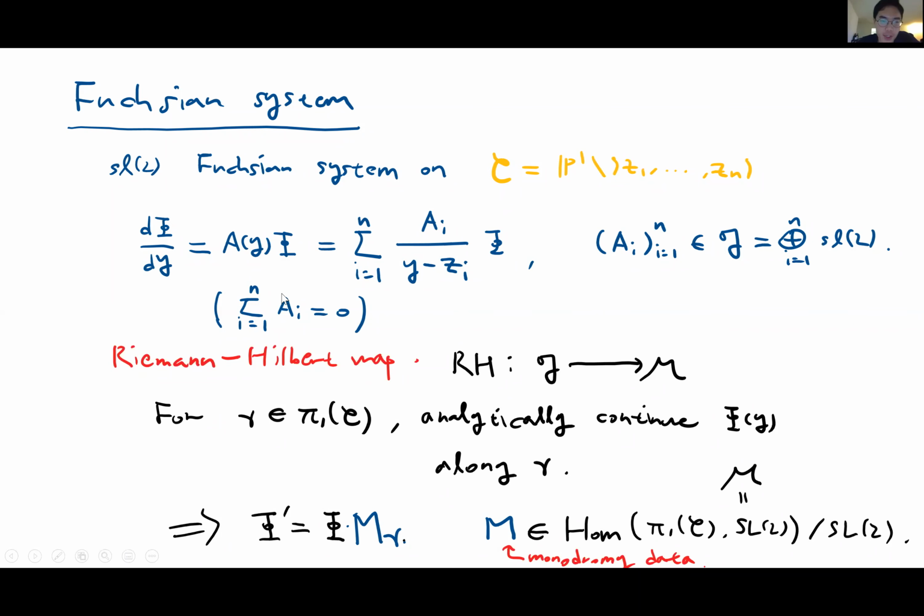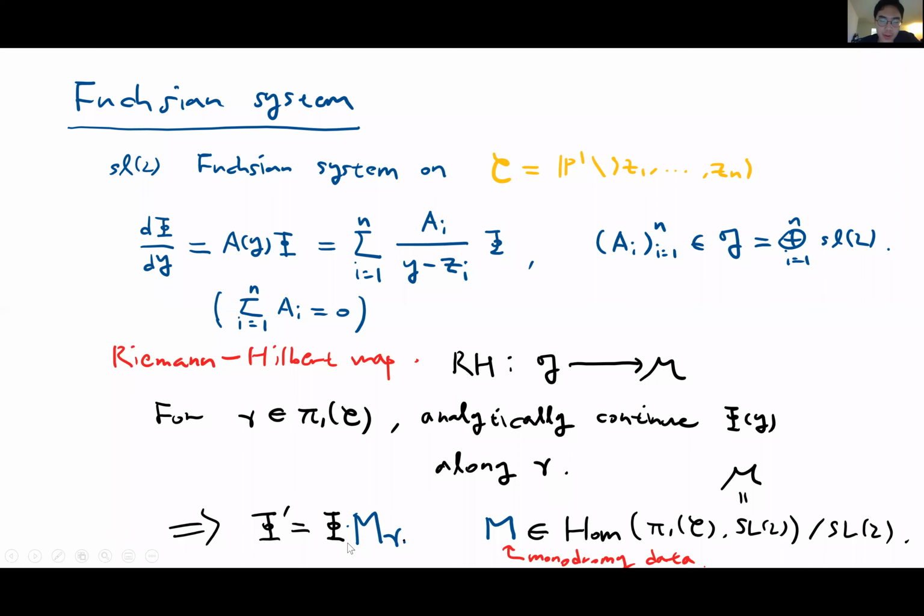Now, given a Fuchsian system, we think about a Riemann-Hilbert map. The Riemann-Hilbert map is the map which sends this given Fuchsian system to its monodromy data. So what is the monodromy data? It is, for a given loop in the Riemann surface C, so an element γ in π1(C), we analytically continue the solution φ of y along this loop.